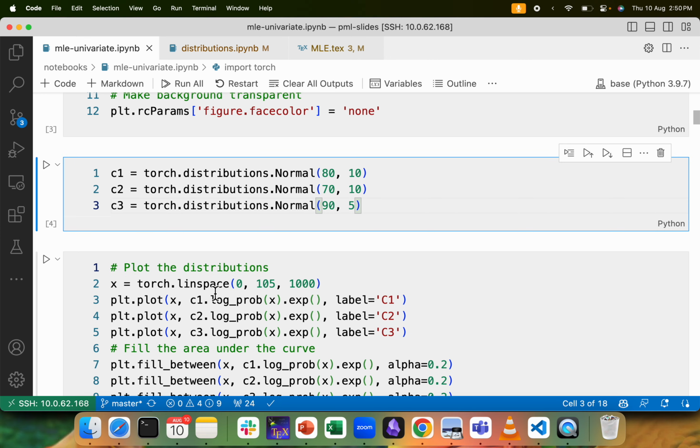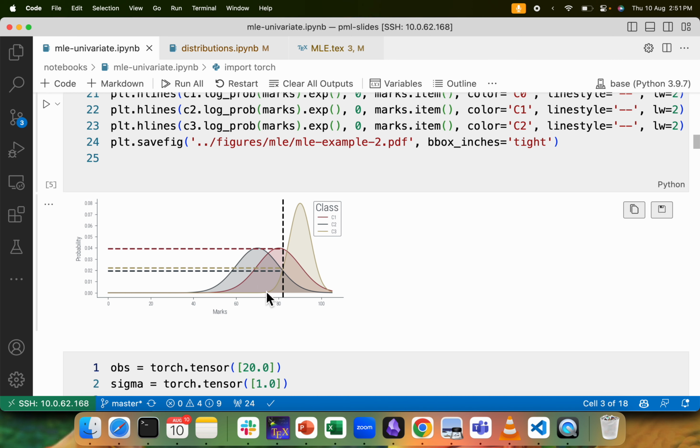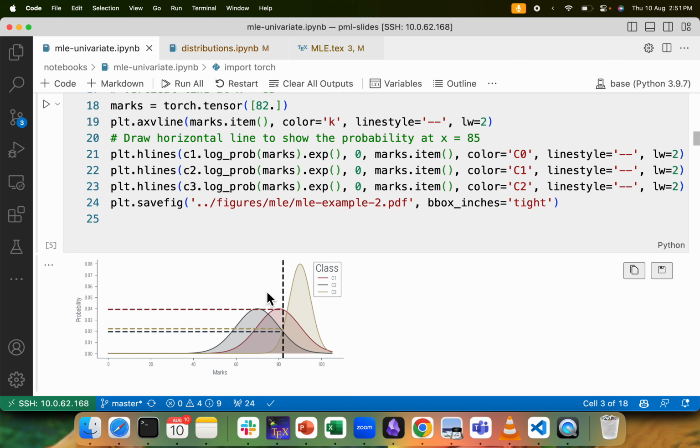So I've now taken a linspace from 0 to 105 with 1000 such points. I'm plotting the PDFs for each of these on this range of 0 to 105, and that gave me this particular figure, right? We've seen this figure previously also. The only new thing I did here, just to make it visually easier, is to draw a vertical line at 82 and then figure out where the heights are intersecting. So this way we've got the probabilities.